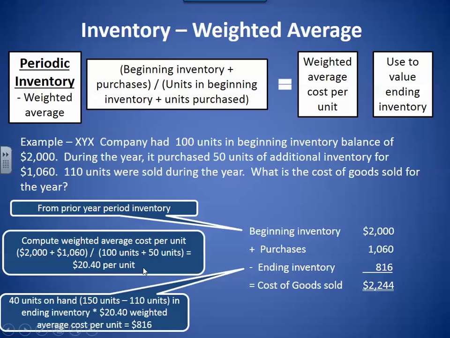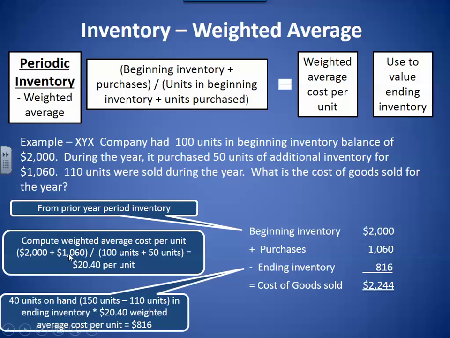Now what we need to do is compute the weighted average cost per unit of our inventory. And again, what we're going to do is rely upon the formula right here at the top, and we're going to do the computation down here as the example. Okay, we start off with our beginning inventory. We said $2,000. To that, then, we add the total amount of inventory purchases for the period, $1,060.